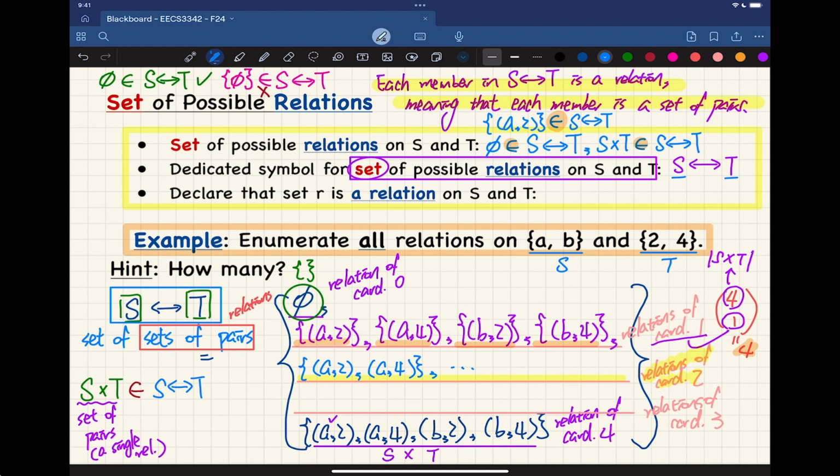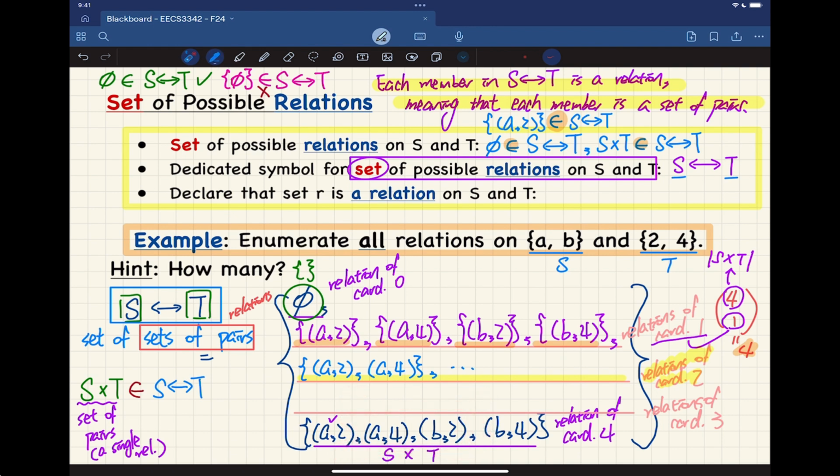The idea would be, if you want to think about constructing all the relations of cardinality 2, think about, you're choosing from this maximum relation, which is of cardinality 4. And then you're going to choose 2 of them from there and make a relation out of them, which is what I did. And then choose another 2 members here, wrap it around, make a relation out of them, etc. Okay? So how many?